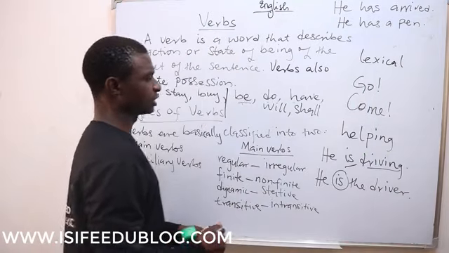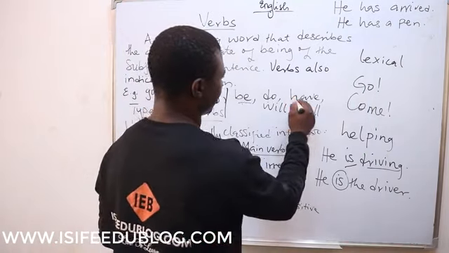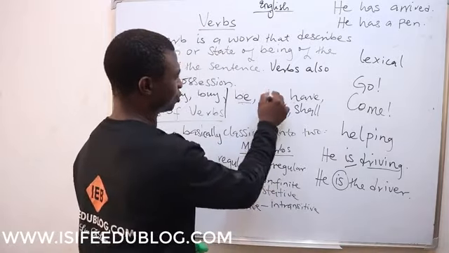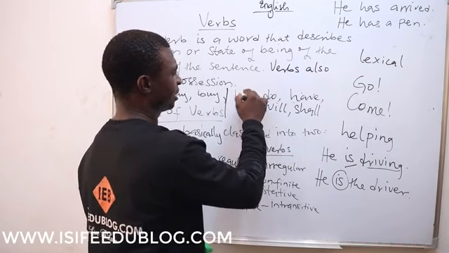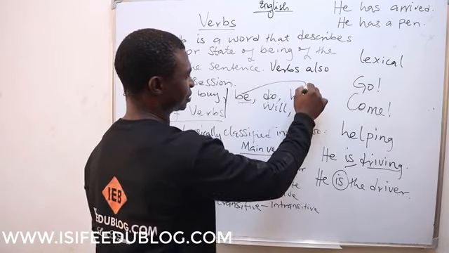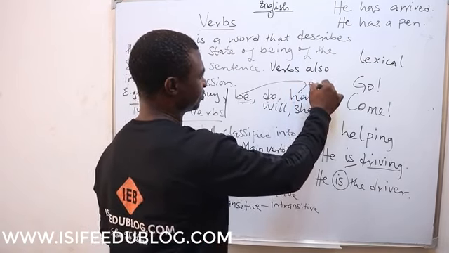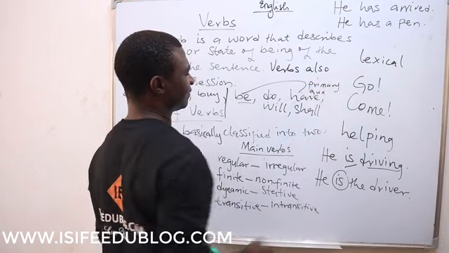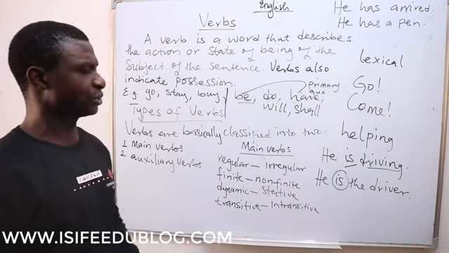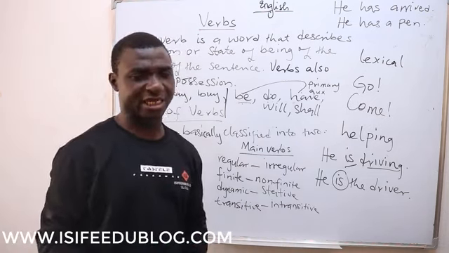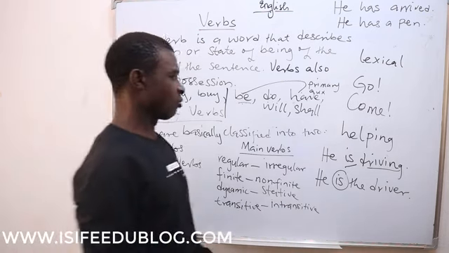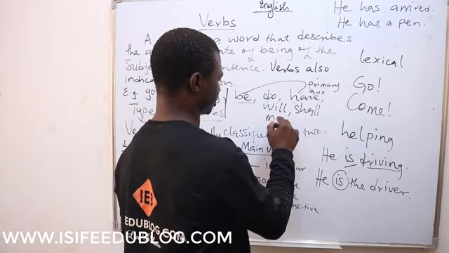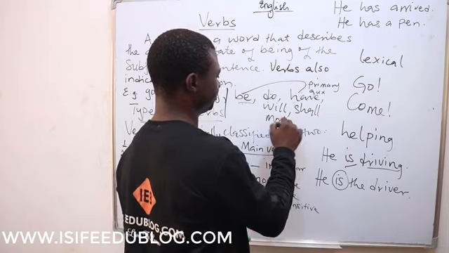That's the quality of these auxiliary verbs we call the primary auxiliary verbs. Be, do, and have are called primary auxiliary verbs. The basic difference is that they are used both as main verbs and as auxiliary verbs, while the modal auxiliary verbs are only used as auxiliary verbs.